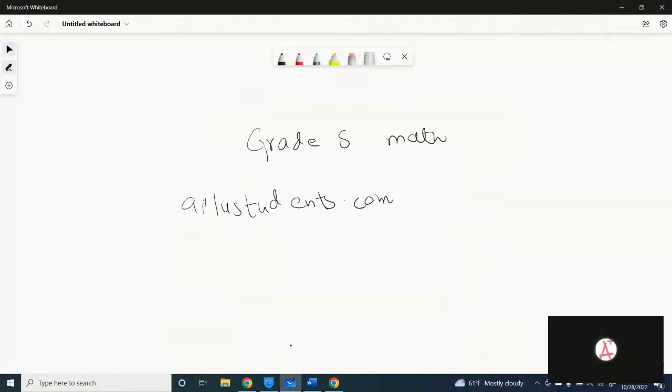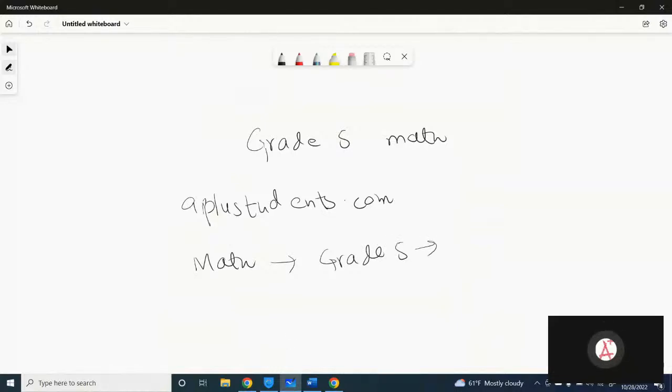Then you have to select math from the subject tab. Then scroll down to grade 5 maths. Click on view all lessons.